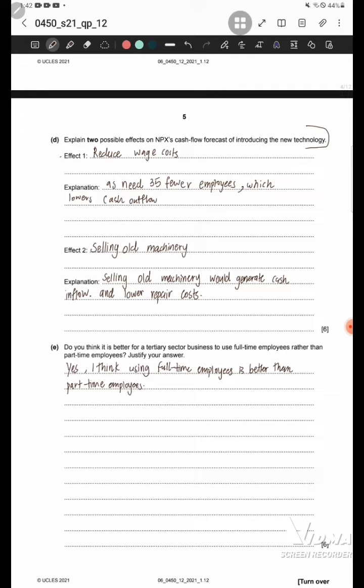Now there are many points you could elaborate on, but I will just list a few since it's only a 6-mark question. You would need about 2 to 3 points to get your full marks for this question.